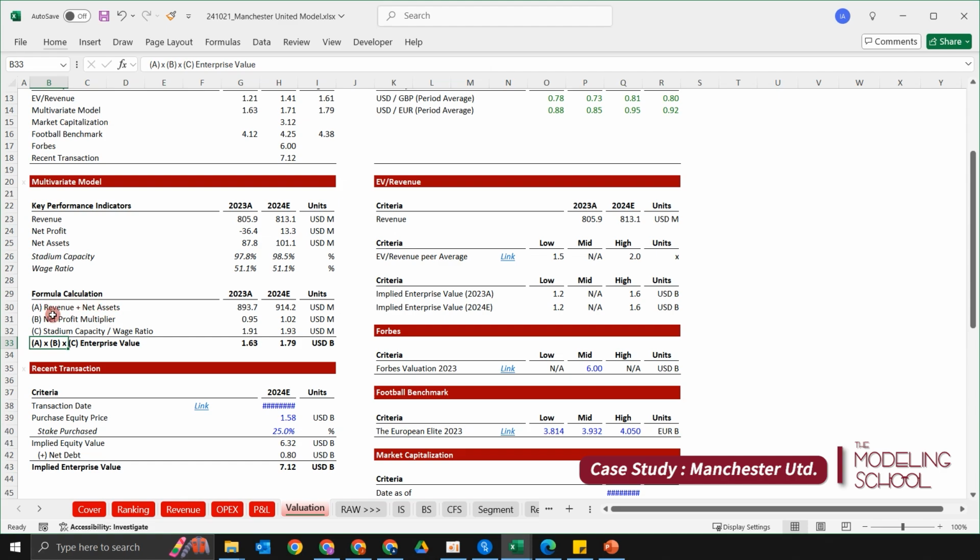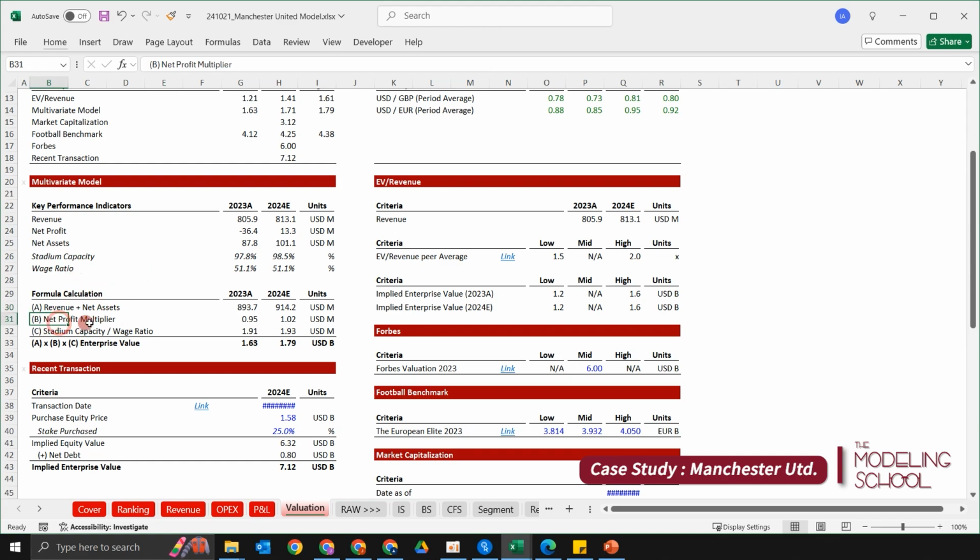Number 1 is the revenue plus net assets part. So in other words, the size of the football club is very important. It tries to include both the income statement factor and also the balance sheet factor. So A is kind of like the factor on the definite size of the football club.